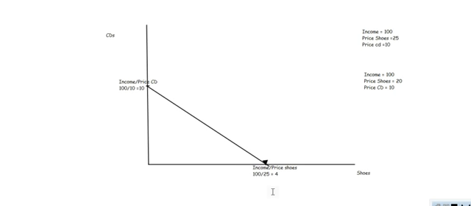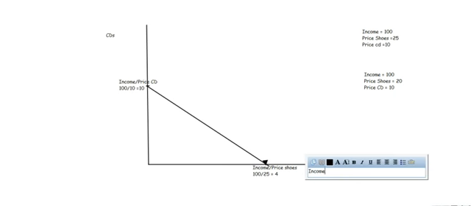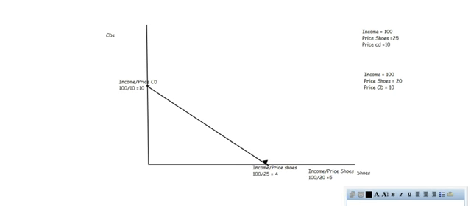It is going to be 100 income, again divided by the price of shoes, and that's going to be 100 divided by now 20, which gives us 5. So we have a new intercept term down here at 5.